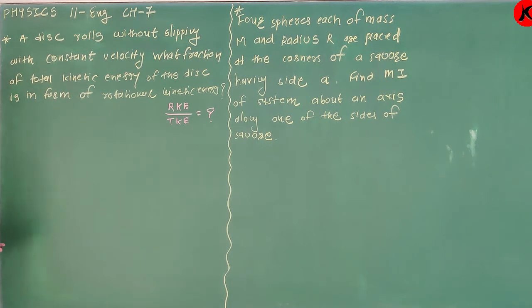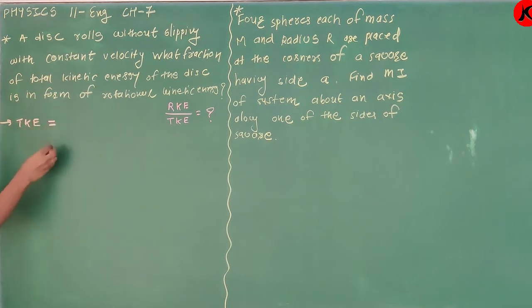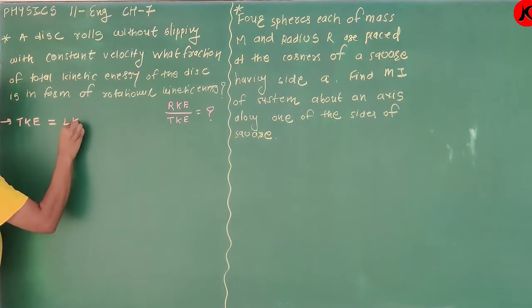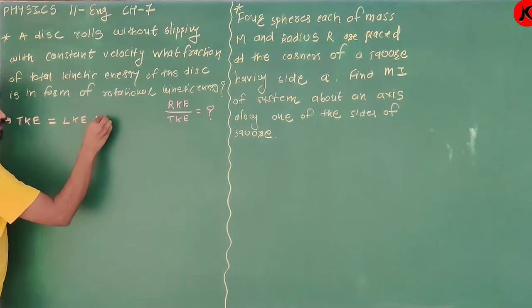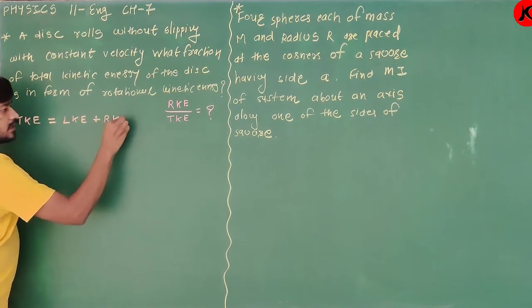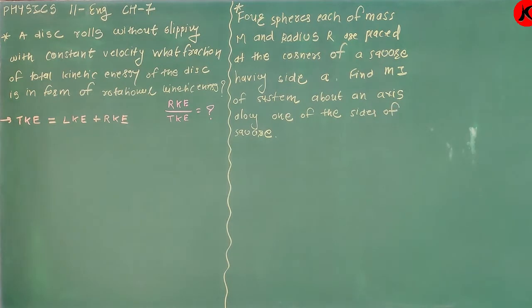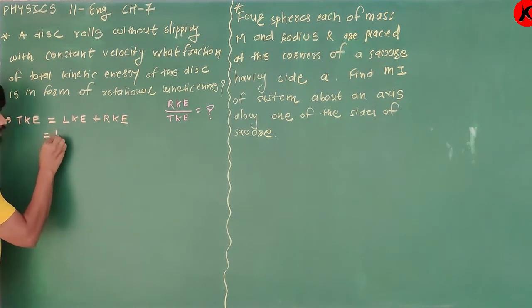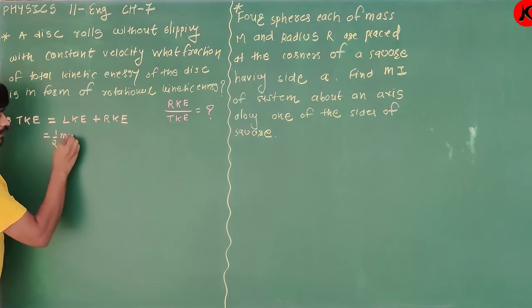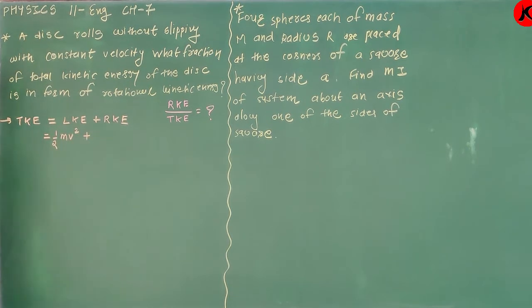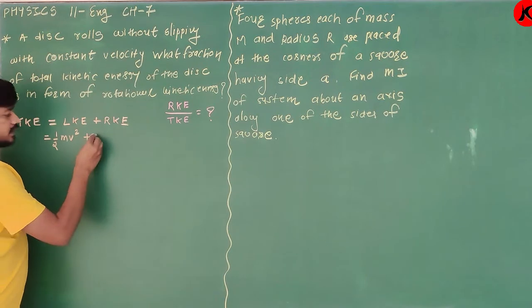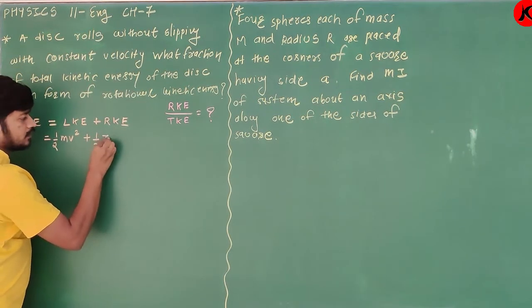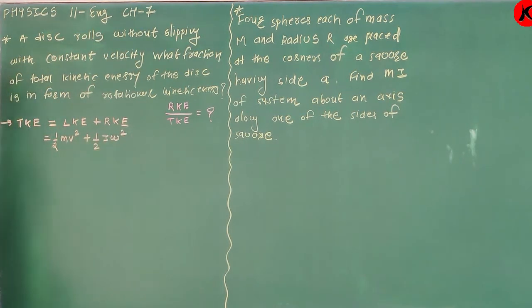Total kinetic energy is equal to linear kinetic energy plus rotational kinetic energy. Linear kinetic energy equation is half mv square, plus rotational kinetic energy, whose equation is half I omega square.